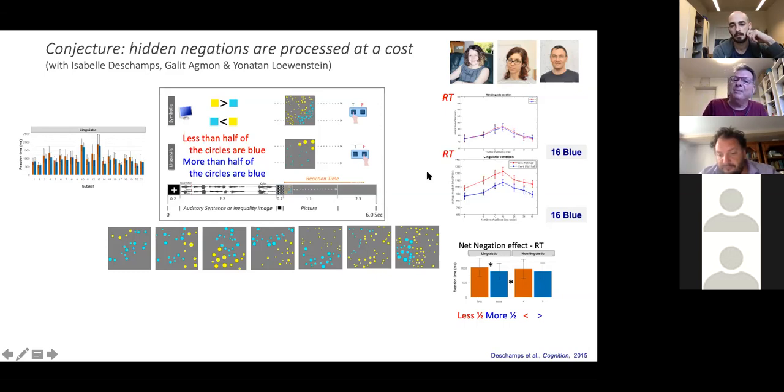My best teacher is somebody you see on this slide, okay? This is Galit Agmon, who's just graduated from my lab. This is Isabelle Deschamps, who was a postdoc and now teaches at a college in Ontario. And this is Jonathan Levenstein, whose grandfather actually has a doctoral degree from the University of Göttingen. Yes, I actually saw it once. His name was Löwenstein, or Löwen, something like this. So Jonathan is a physicist. He's my closest collaborator in Jerusalem.